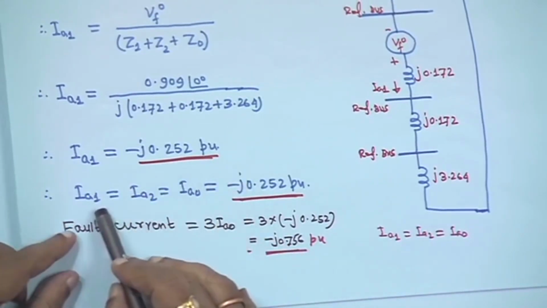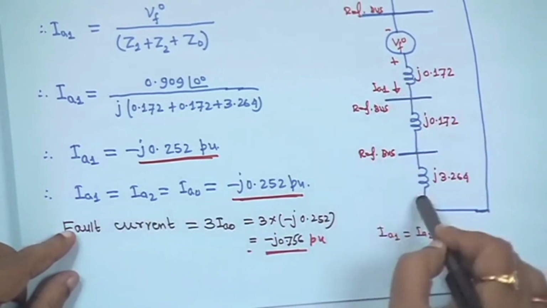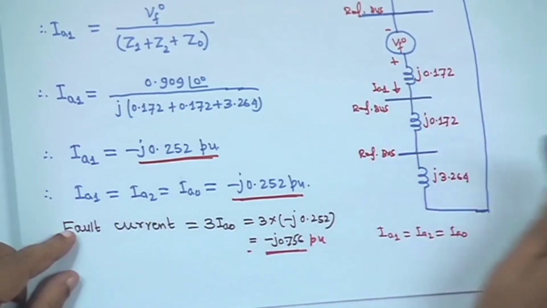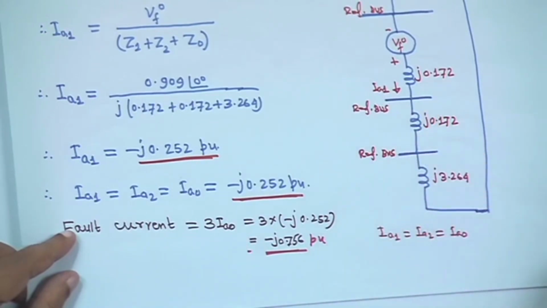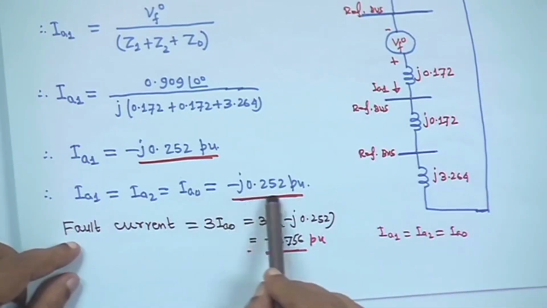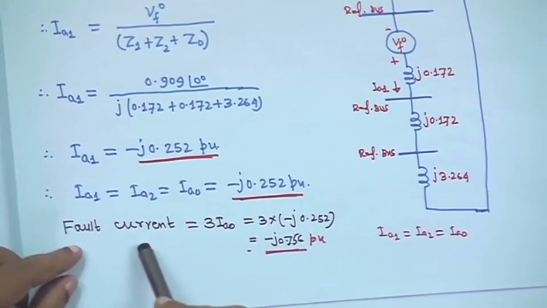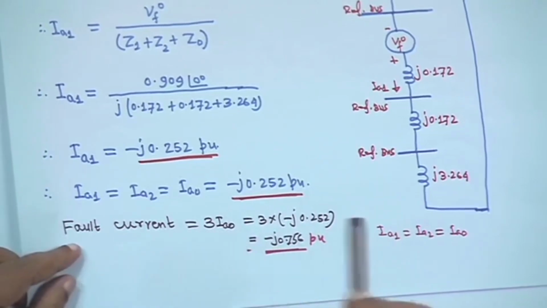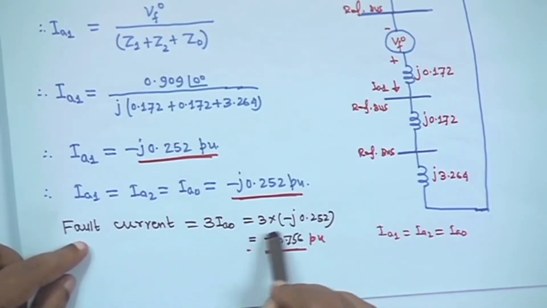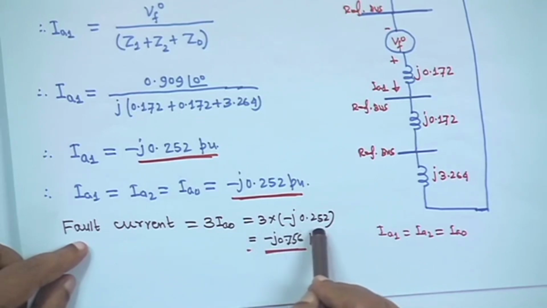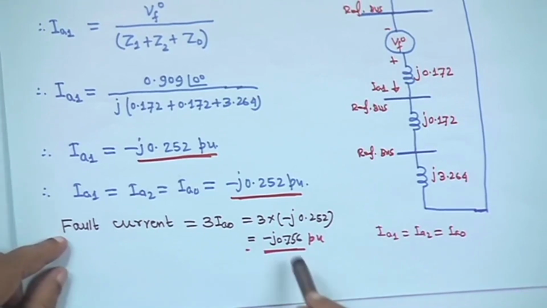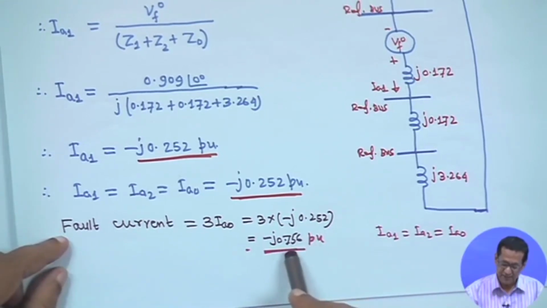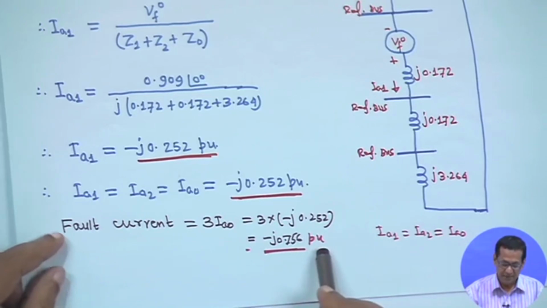I have not shown it here, but IA1, IA2 and IA0 form a series circuit, so all are the same, minus j0.252. Now the fault current will be 3 IA0, that is 3 times minus j0.252, which ultimately comes to minus j0.756 per unit.